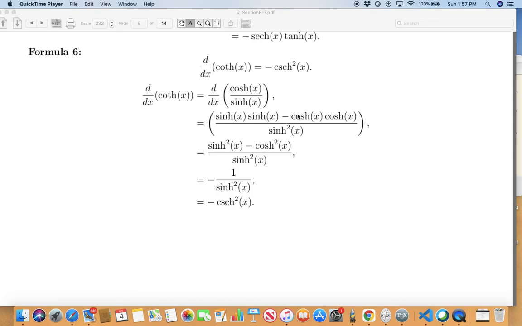So that gets us sine hyperbolic squared x minus cosine hyperbolic squared x. If I flip these two, I have a negative (cosine hyperbolic squared minus sine hyperbolic squared), which is 1. So negative 1 over sine hyperbolic squared, which is negative cosecant hyperbolic squared. So the derivative of cotan hyperbolic x is negative cosecant hyperbolic squared x.